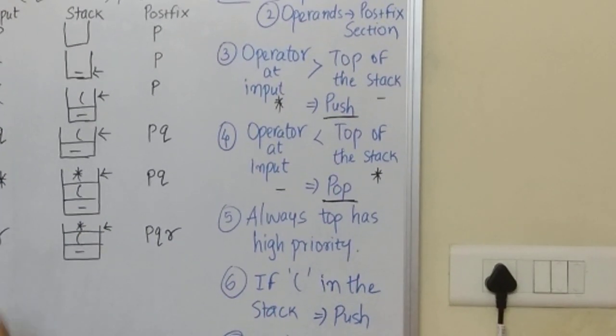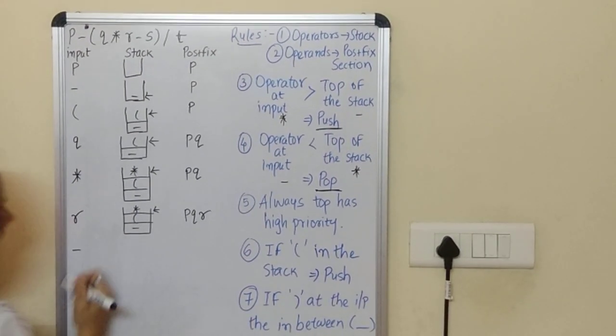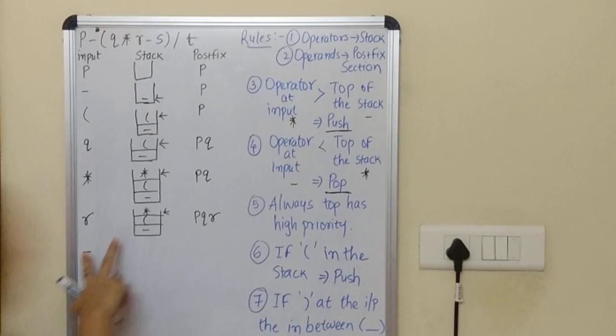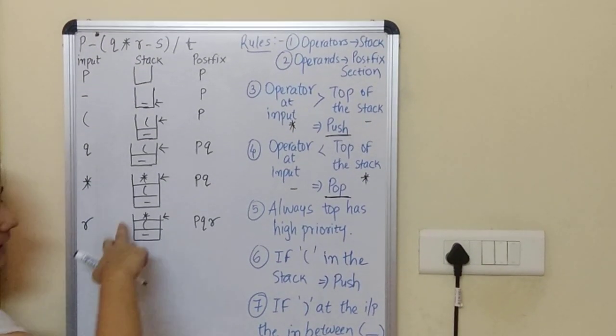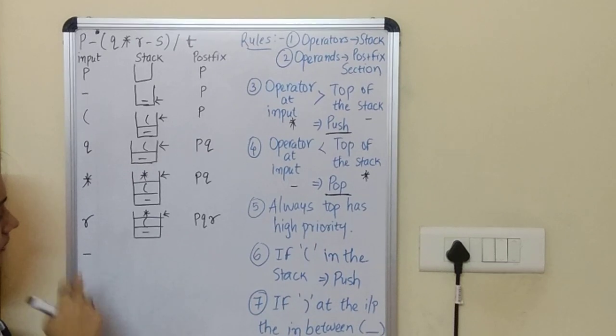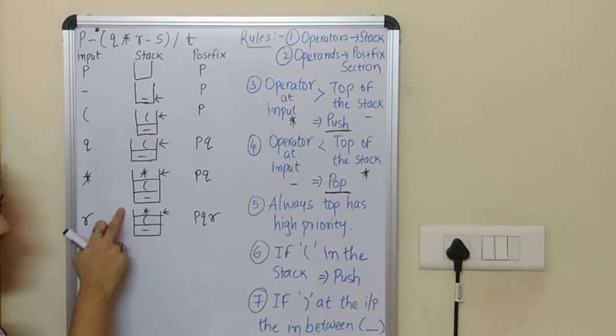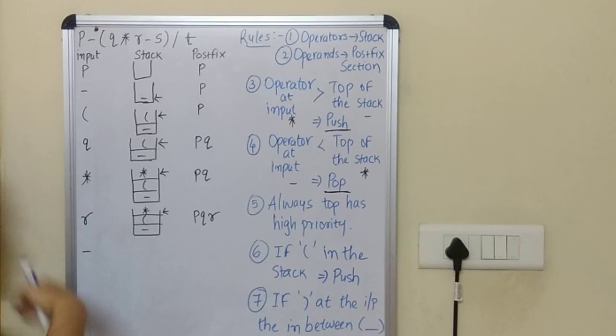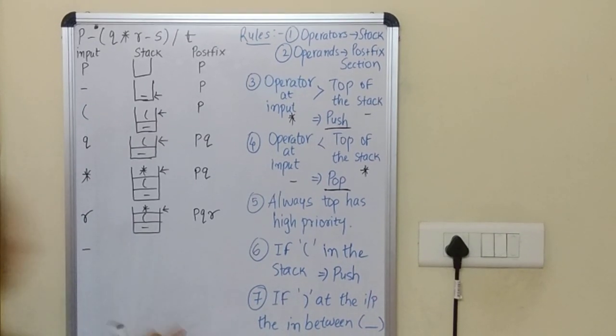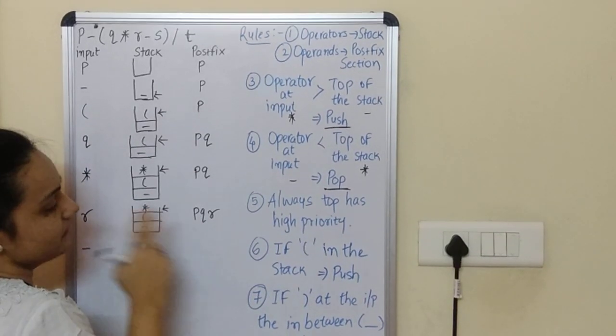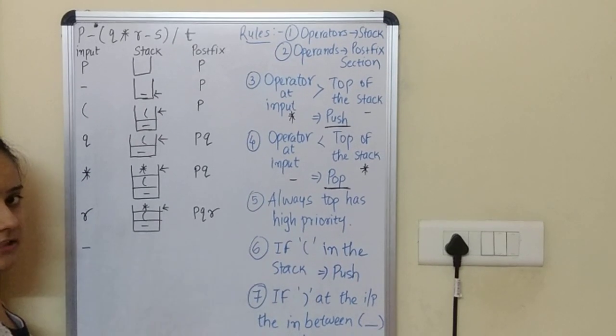Okay. Next is minus. So it is my operator. I have to compare this minus and multiplication. So from the rule, I can say minus has less priority than this multiplication. So I cannot directly push it. First of all, I have to pop this multiplication, and then I can push this sign.